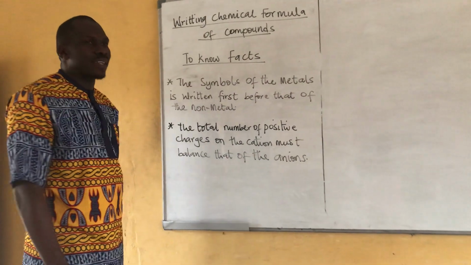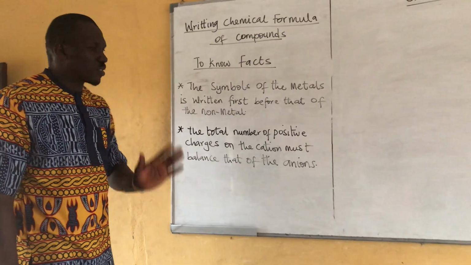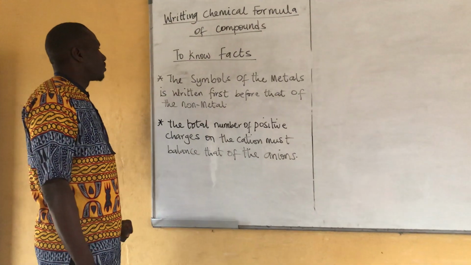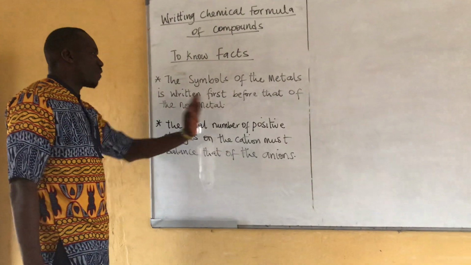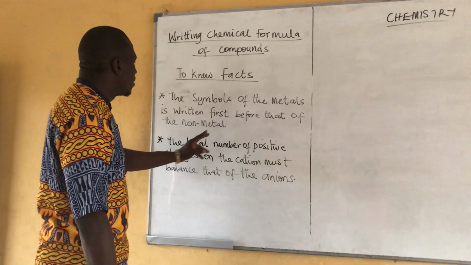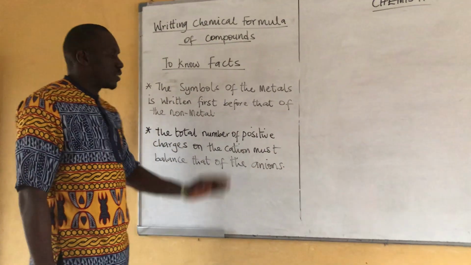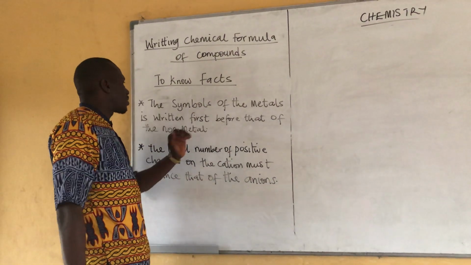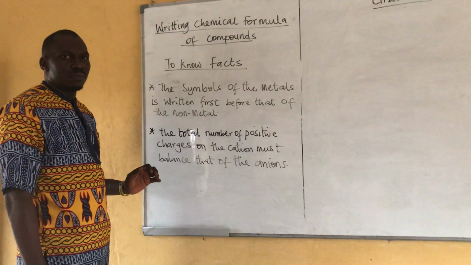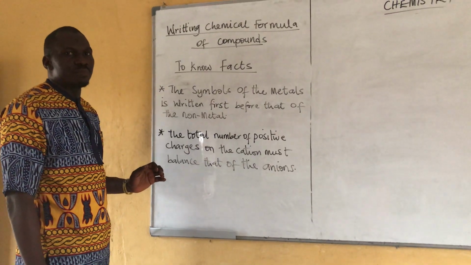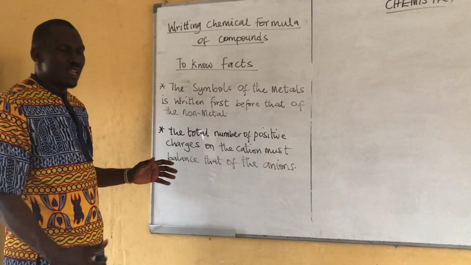What are the known facts? You must know this: the symbols of the metals are written first before that of the non-metals, when we have both the cation and anion in a compound.